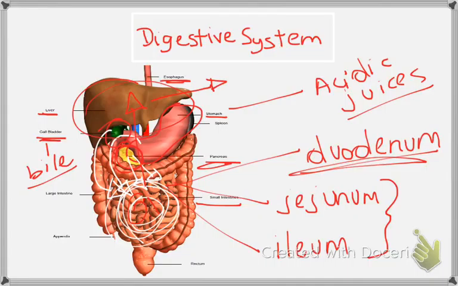So it's basically like a chemical factory of the body, because it would absorb raw materials from the small intestine to make chemicals the body needs.